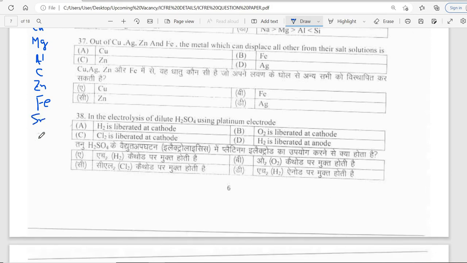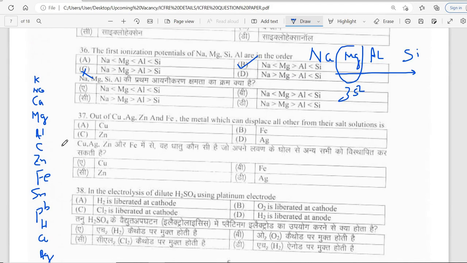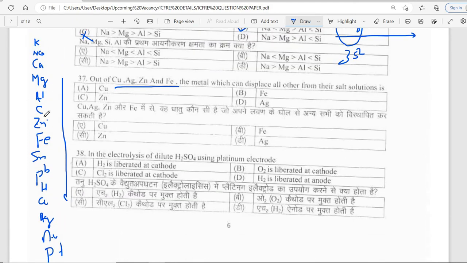Then lead, Pb, and after Pb hydrogen, then copper, then Ag, and gold, Au, and platinum. This is the reactivity series, and going down the group the reactivity decreases; what is on top is the highly reactive metal. Among the four options, zinc is on top of the series, so zinc should displace all the others from their salt solutions.